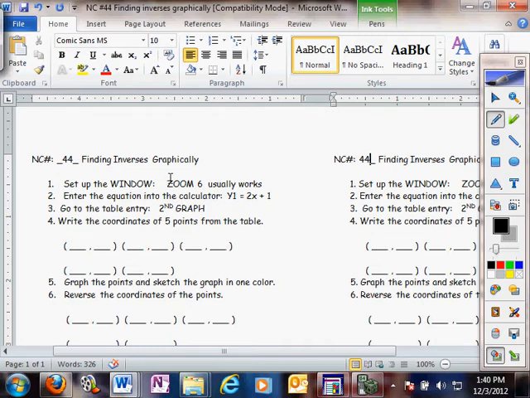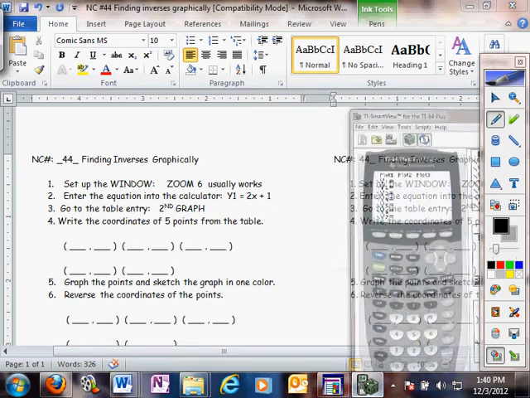So we're going to use the Zoom 6. We want to enter the equation into the calculator, in y1. We want to enter the expression 2x plus 1. Then we want to go to our table using second graph, and we want to write 5 sets of ordered pairs.